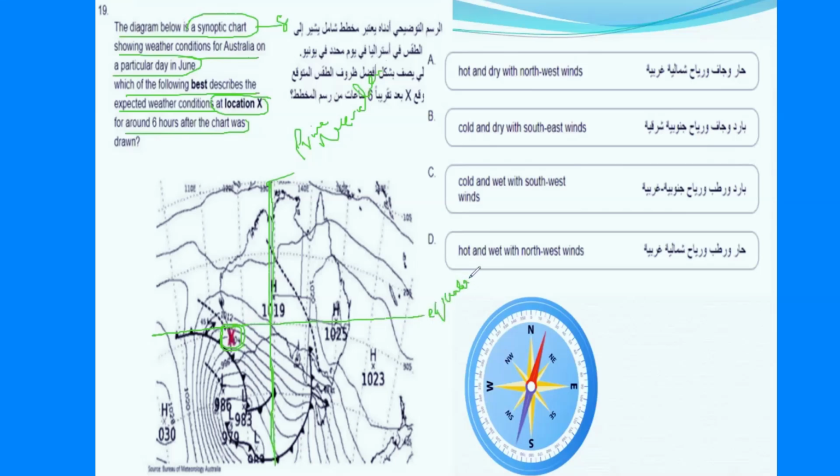We know that the equator has zero latitude. Now, this will be north, this will be south, this will be east, and this is the west. First, we have to find out the location. Now, it's very clear, the location of this is southwest.